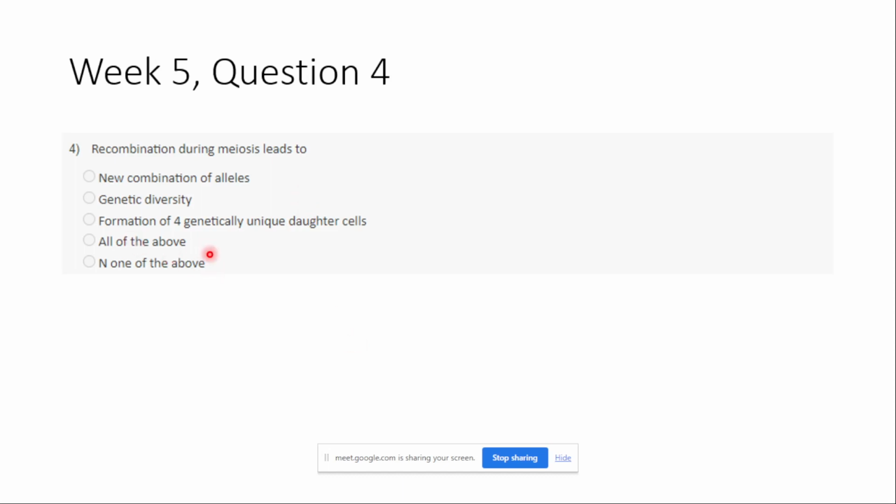And formation of four genetically unique daughter cells is also true, because it will give rise to four progeny. So the answer is all of the above. Anyone have any problem with the last four questions?